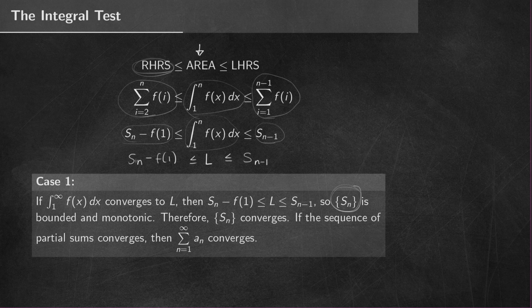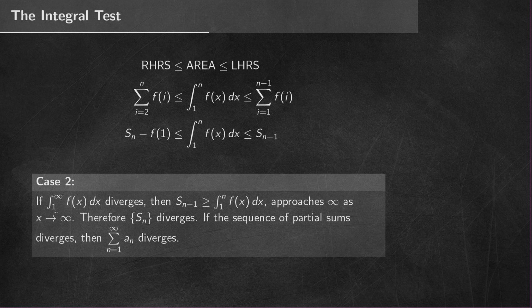So it's bounded, and it's monotonic because we keep adding more and more positive terms to it. Therefore, the sequence of partial sums converges. And if the sequence of partial sums converges, then our series converges. Okay, so if we have this integral from 1 to infinity f of x dx converging, then we automatically have our series converging as well.